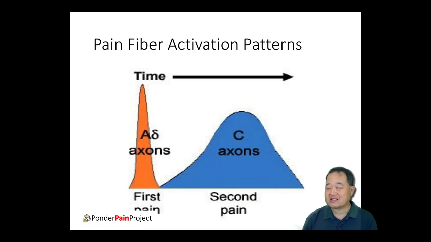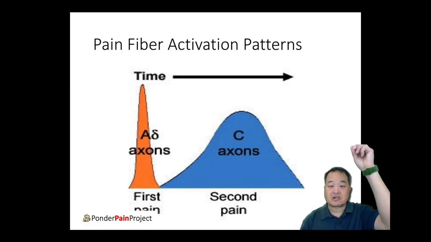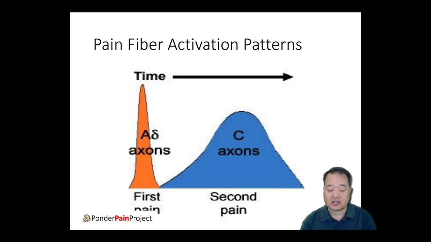Remember that it's more of a messenger system, a warning system. So rather than the first A deltas, which are more sharp, you then kick in the C fibers that are more of a warning.